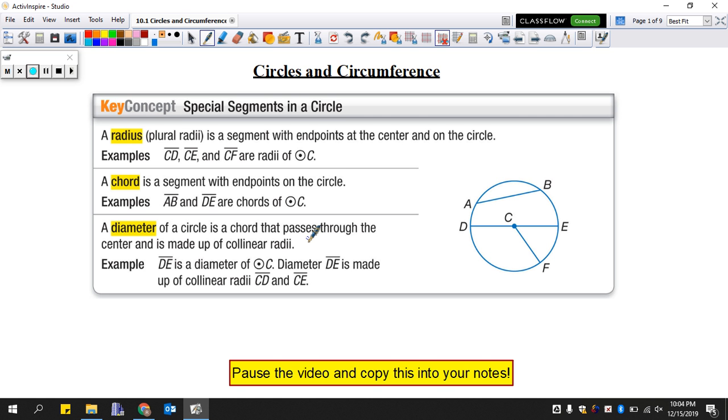Now, DE is a special kind of chord that goes through the center, and that's called the diameter. The diameter is a chord that goes through the center and has endpoints on either end on the outside of the circle. So pause the video and copy these definitions into your notes.